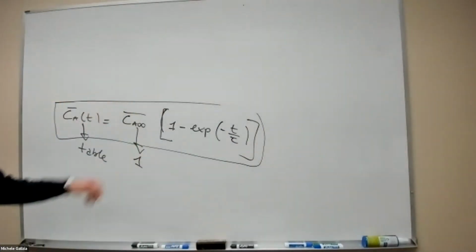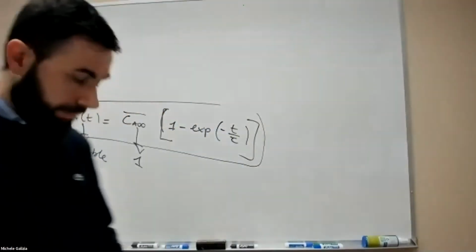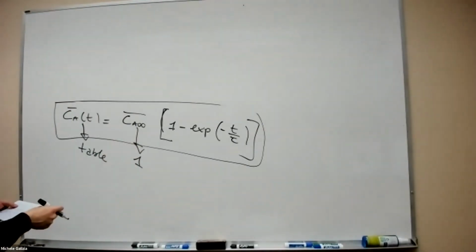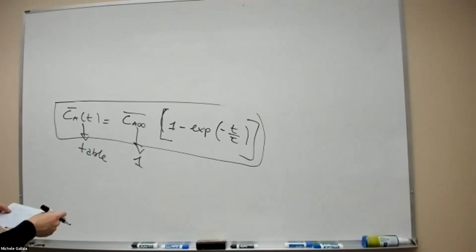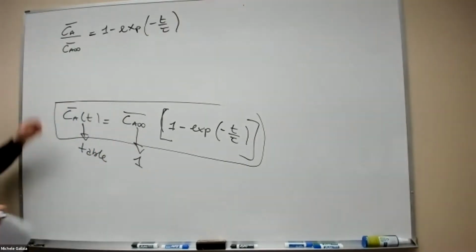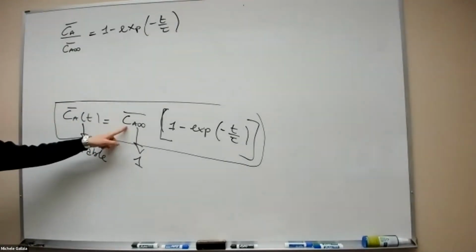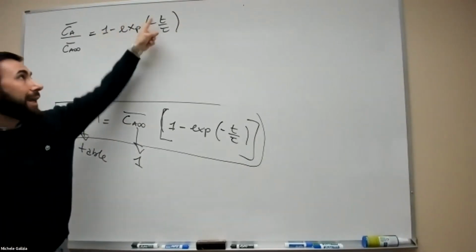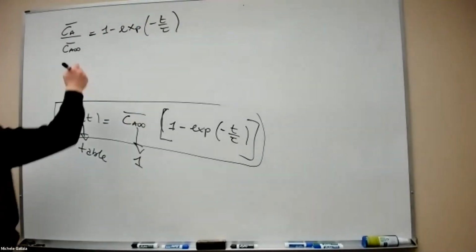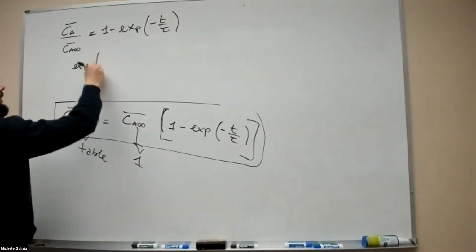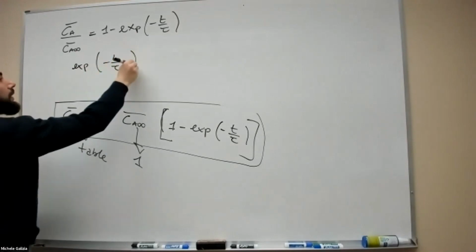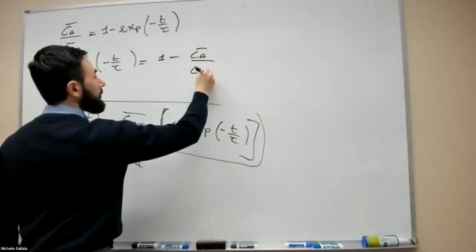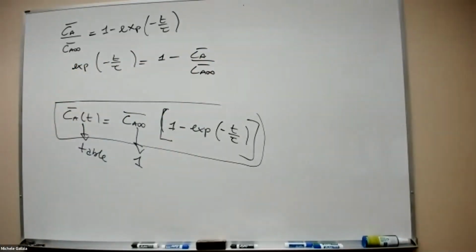I can rewrite it as CA over CA infinity equal to 1 minus the exponential of minus t over tau, which means the exponential of minus t over tau is equal to 1 minus CA over CA infinity.